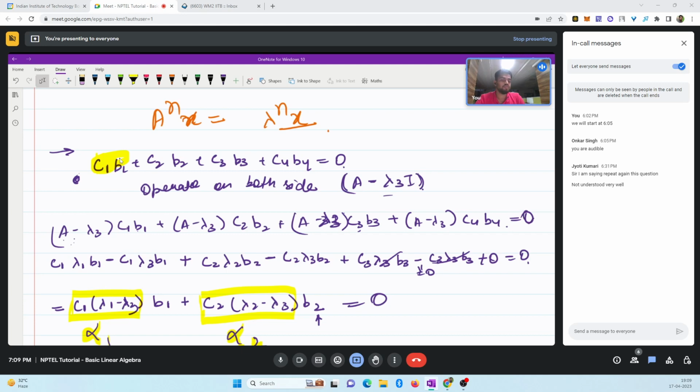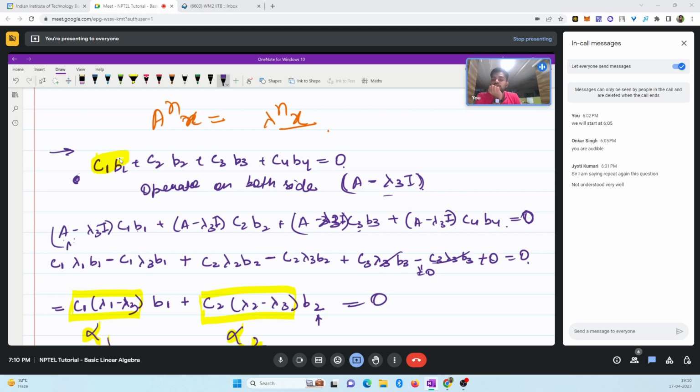The right hand side was 0 only, so the right hand side would remain 0 only. But on the left side, A minus lambda 3 I, this is the identity.